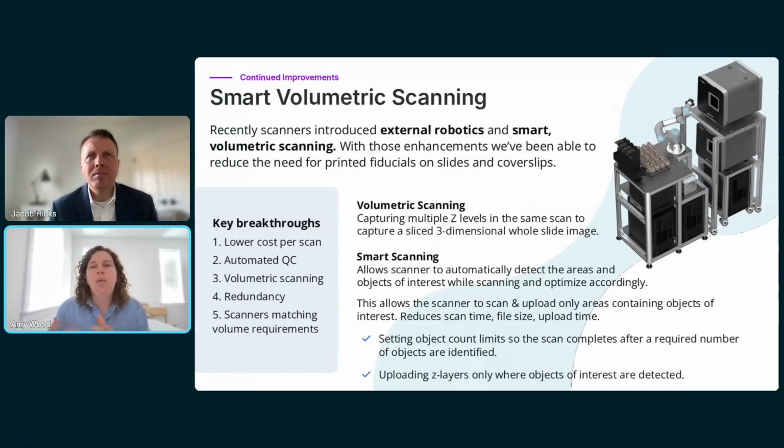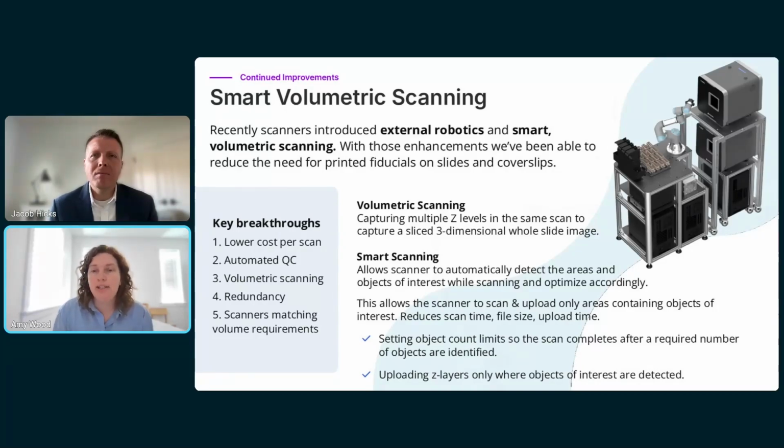And because we're doing that while the slide is still loaded, that gives us a lot of options for making decisions based on the information that we're getting from the classifier. So one of those things we can do is to set a count limit for blood, for example. When we find 100 cells, we can stop the scan, because after that, we don't need any more area. We have enough to make our diagnosis.